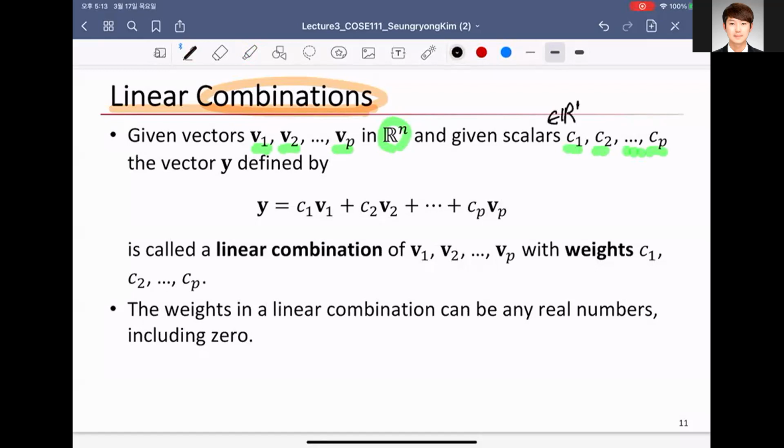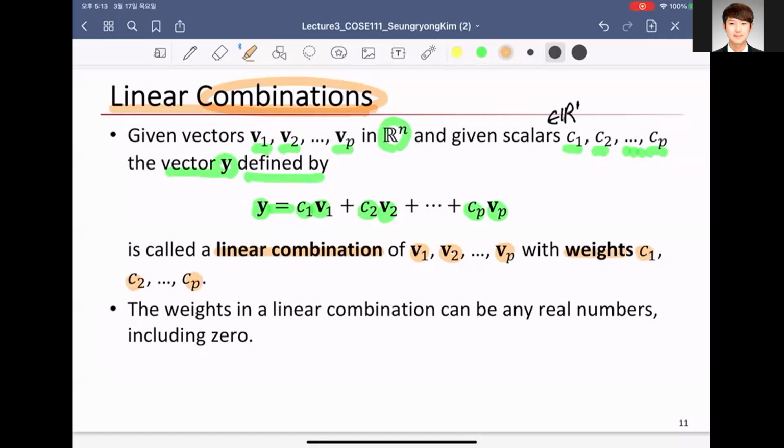Anyway, given the vectors and the scalars, the vector y defined by y = c1 v1 + c2 v2 + ... + cp vp is called a linear combination of v1, v2, up to vp with weights c1, c2, cp.